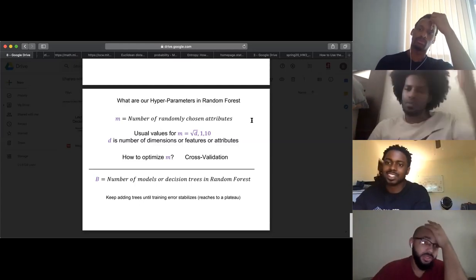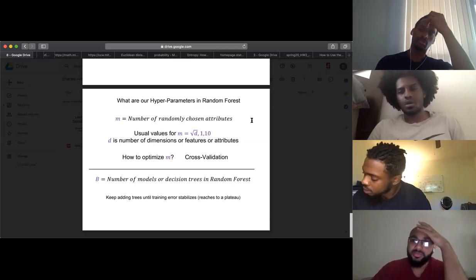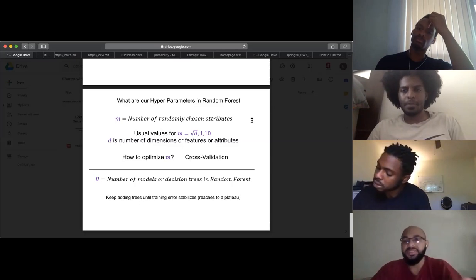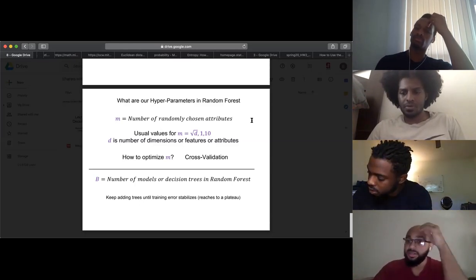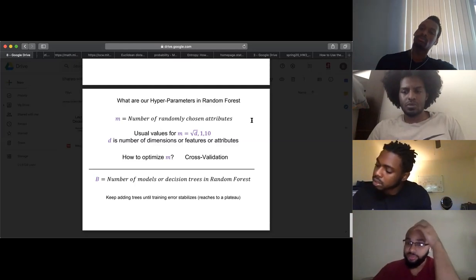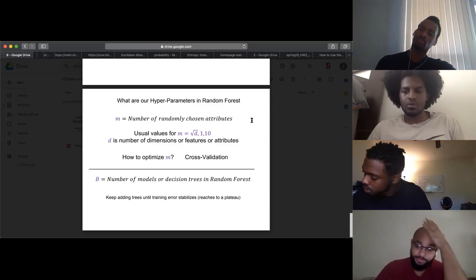The randomness helps make the different learners different. If you just use the same decision tree 100 times, it's going to give you the same answer every time, because decision trees are deterministic. So that randomness helps change each learner, and then you do a majority vote on those.